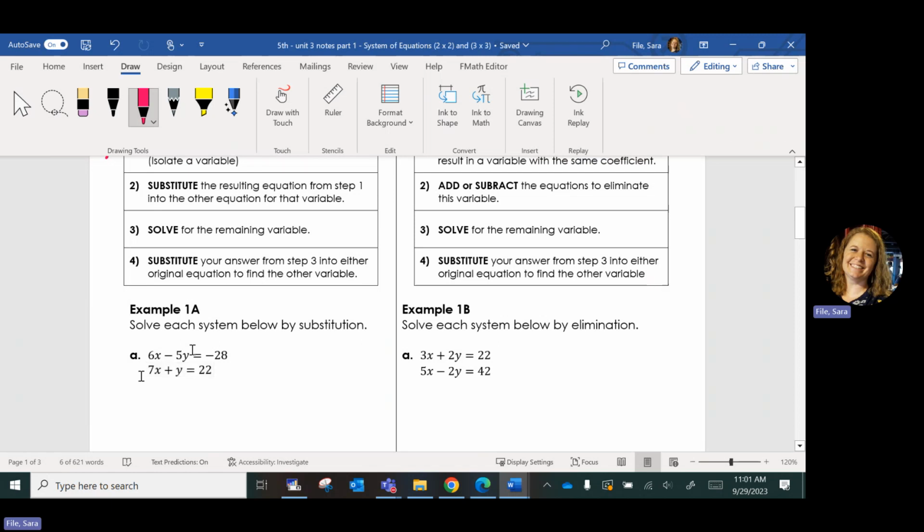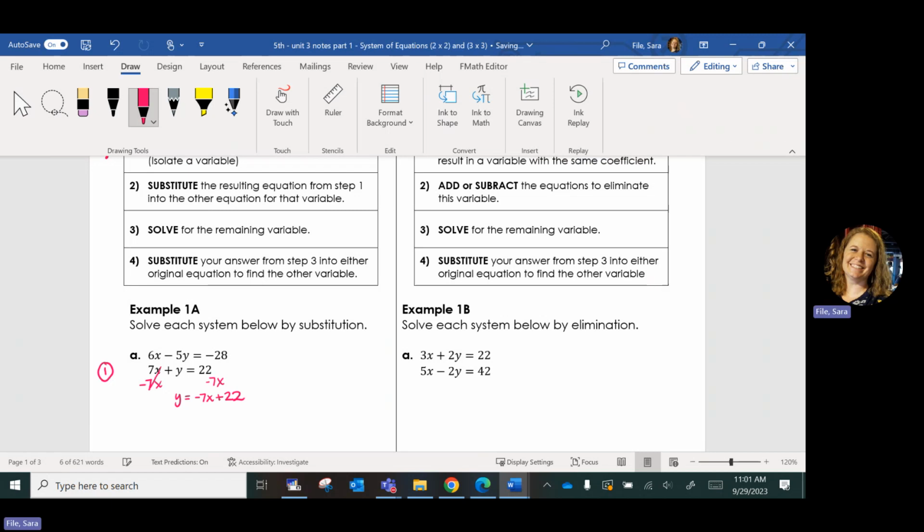So we're simply going to subtract the 7x over to the other side. So step 1 here is going to be pretty simple. We're going to move the 7x by subtraction. What you do to one side, you do to the other. We're going to be left with y equals, and then I cannot combine these. This is a variable term and a constant. So it stays negative 7x plus 22. So that was step 1.